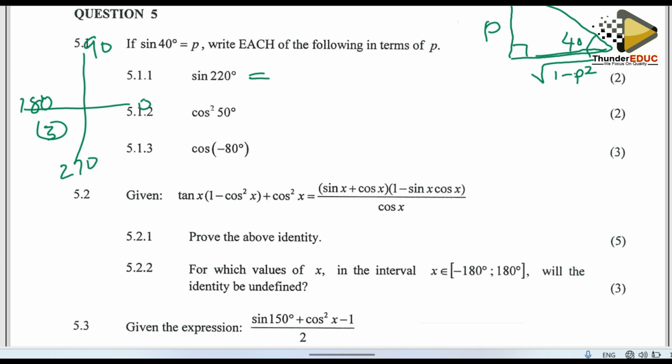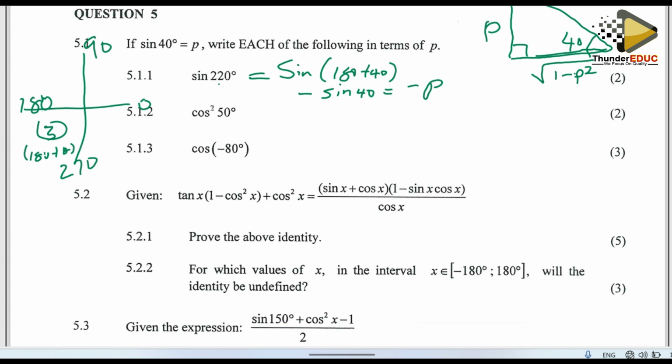Quadrant 3 is also known for being 180 plus theta. So this is the same as the sine of 180 plus 40. When I reduce this, it gives me the negative sine of 40. And we know that the sine of 40 was p, so we're going to get negative p.